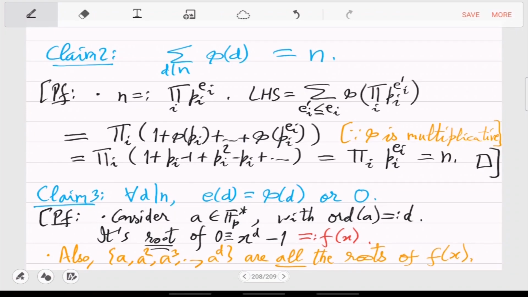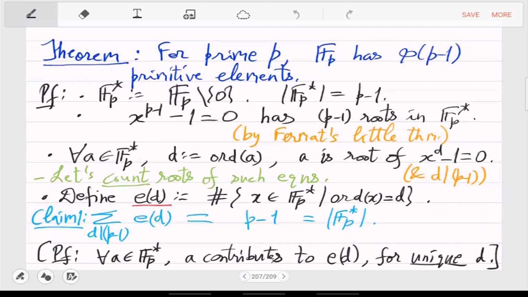So you use the previous claims. The previous claims give you kind of an aggregate.